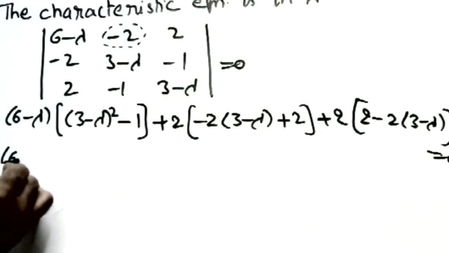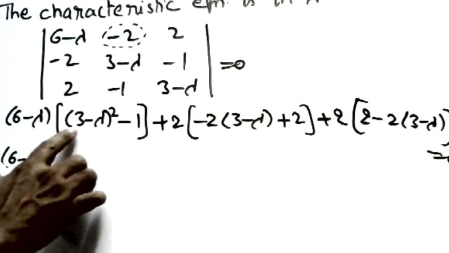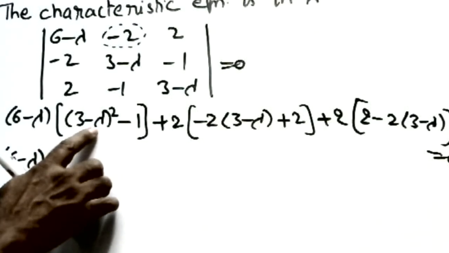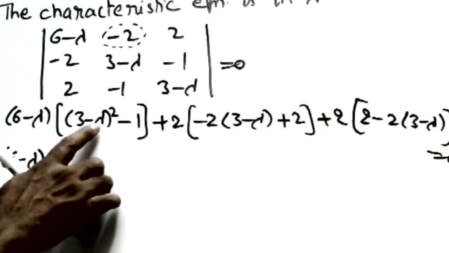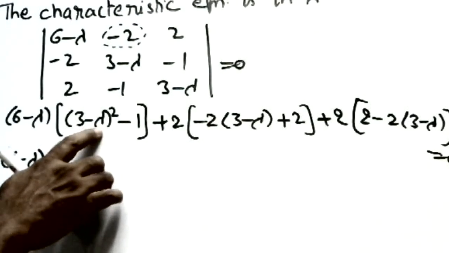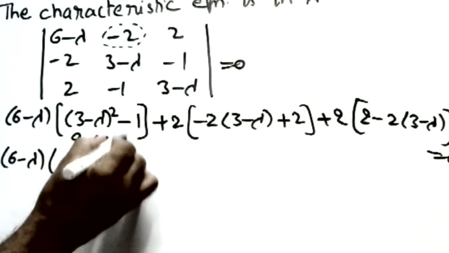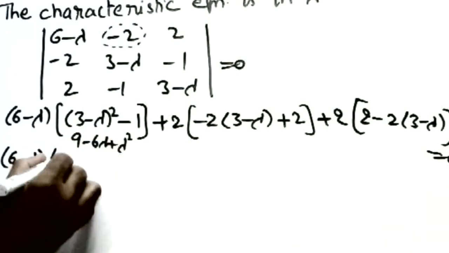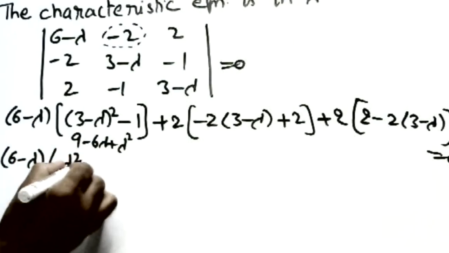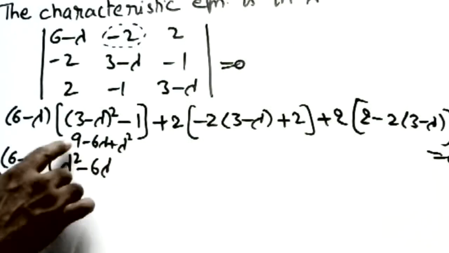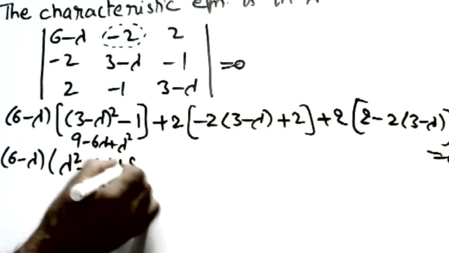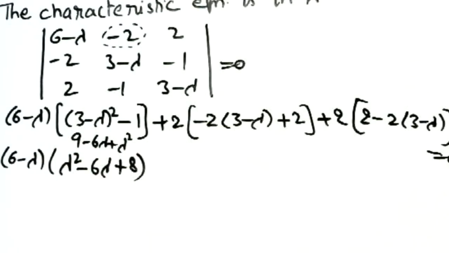Now I am continuing here. 6 minus lambda into, now expand this: (a minus b) whole square is a square minus 2ab plus b square. First a square is 9, minus 2ab, 2 3s are 6 lambda, plus lambda square. Let me first write lambda square, then minus 6 lambda. Now 9 minus 1 we can write 8.